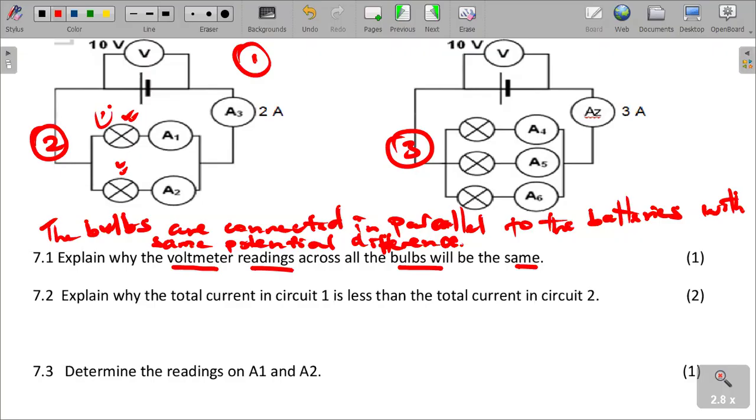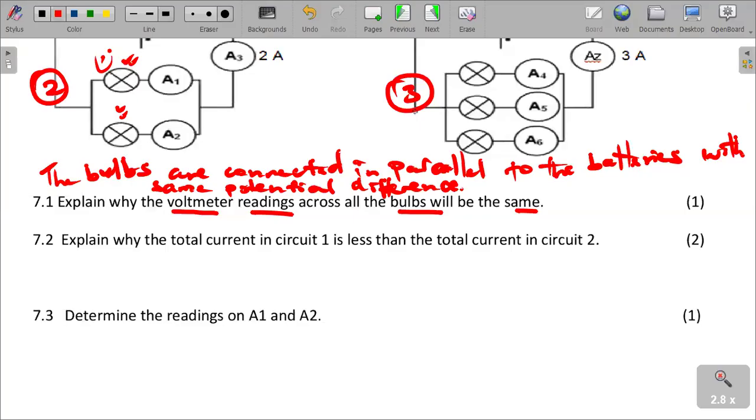That is one reason. And then the overall resistance is higher than in circuit 2, and the overall current in circuit 1 is therefore less than the current in circuit 2. So these are the reasons that we need to take note of.